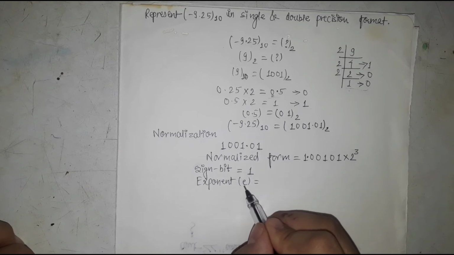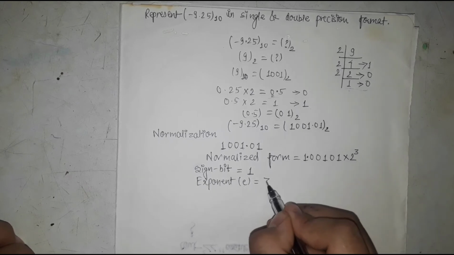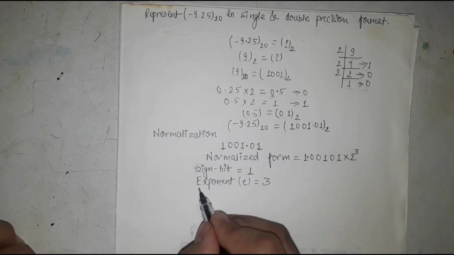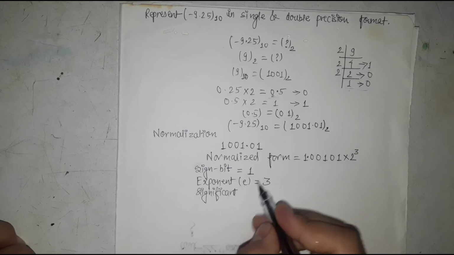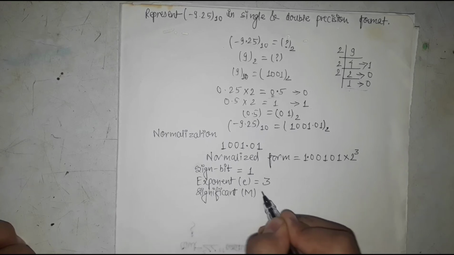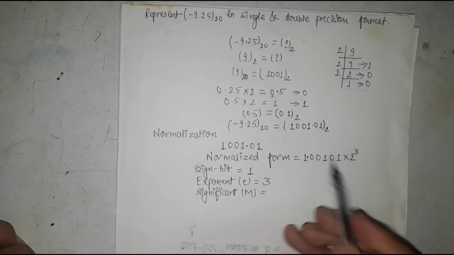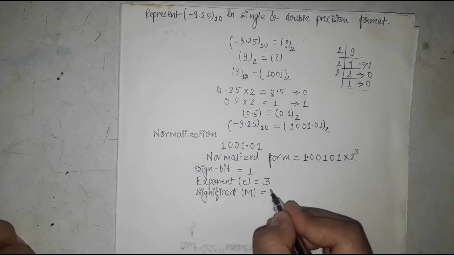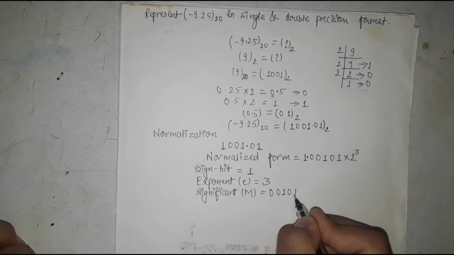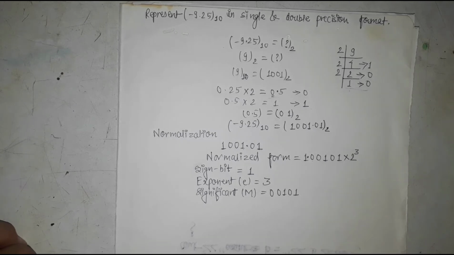So the value of this e would be 3. And finally there is one thing, the significand. The significand is the number which you'll get after the point. So 0, 0, 1, 0, 1 would be the significand. Alright.